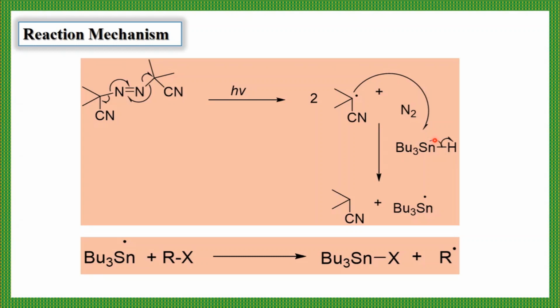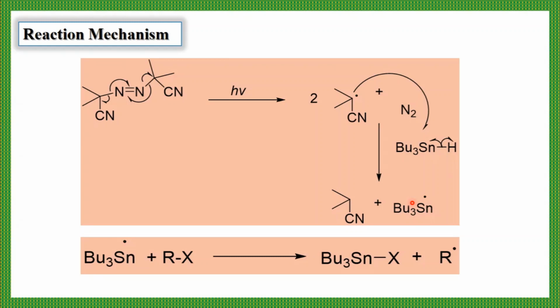The homolysis of this tributyltin hydride takes place, and this hydrogen radical reacts with the carbon radical, forms a bond with this carbon, and we get a neutral molecule. It generates the tributyltin radical.